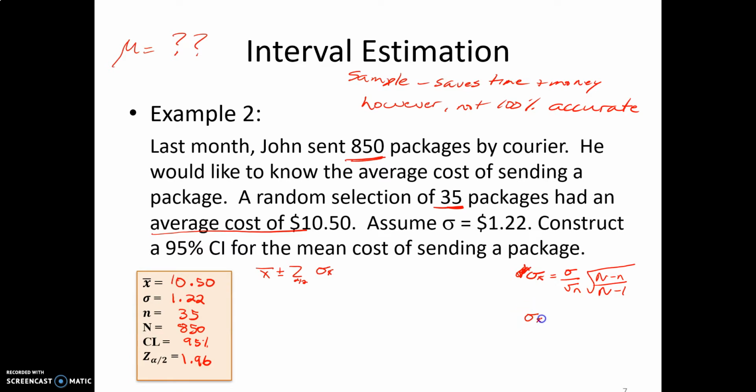The standard error equals 1.22 divided by the square root of 35, and we have to multiply that by the square root of 850 minus 35, which is 815, divided by 849.